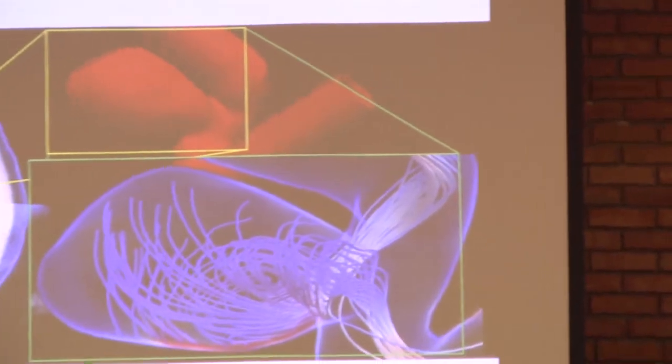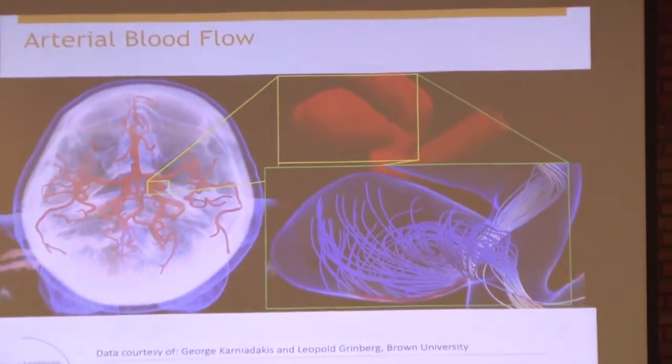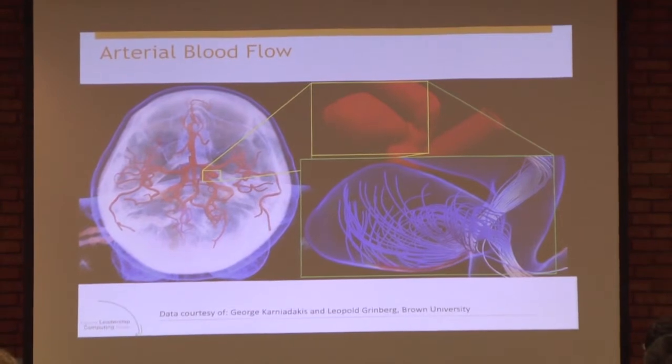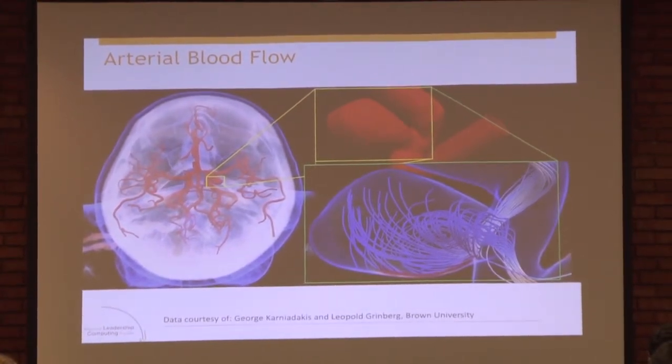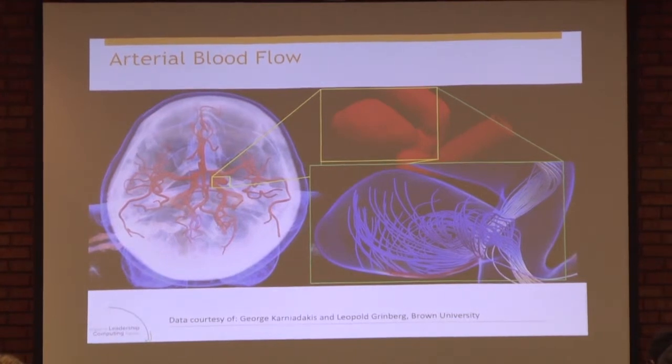So here's a few examples. This is an example of arterial blood flow. I work with a group from Brown University that's looking at blood flow, in particular blood flow in the brain, and they're interested in studying the effects of large-scale flow patterns and how they influence small-scale blood flow activity events that could cause, in this case, aneurysms in the brain, and how the blood flow can cause those aneurysms to rupture.